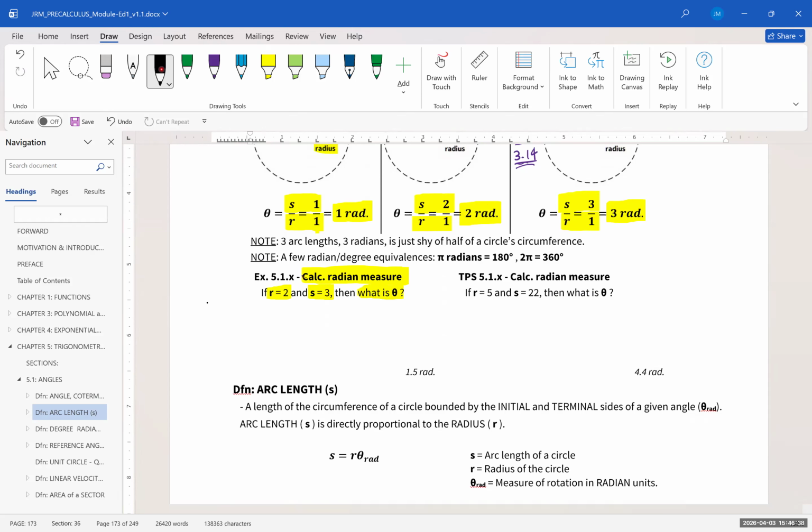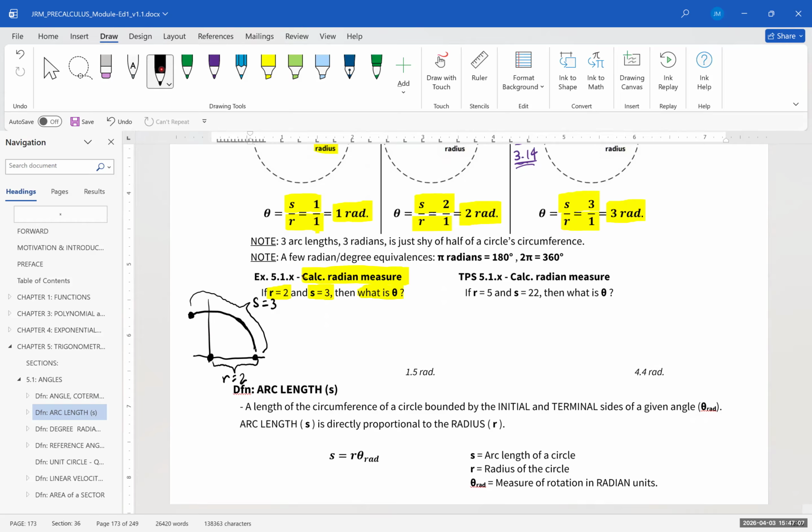So let's maybe try and draw that really quick. We have a starting point, and here's the center of our circle. The radius is equal to 2, and our arc length, and I'm just making this up because I'm not really sure where it is, is 3.